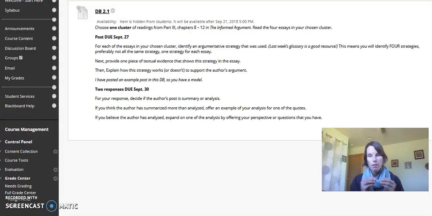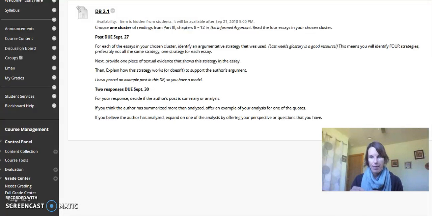This is going to be a really critical process because for Essay 2, you are going to analyze the arguments that are currently present in your own topic. We're not doing that yet. First, we're going to practice our analysis skills and build our analysis muscles as a group with the textbook.